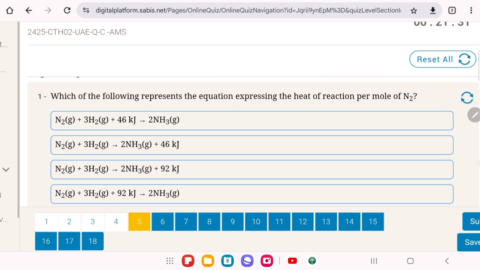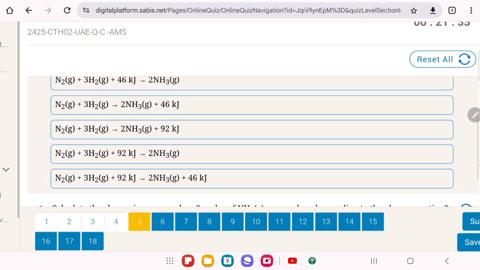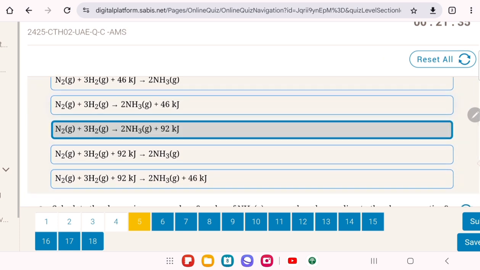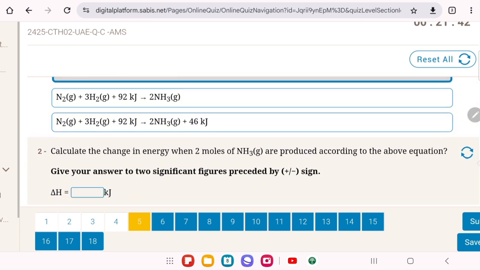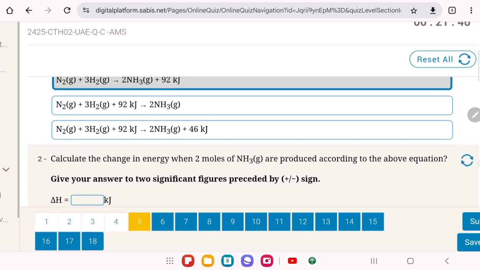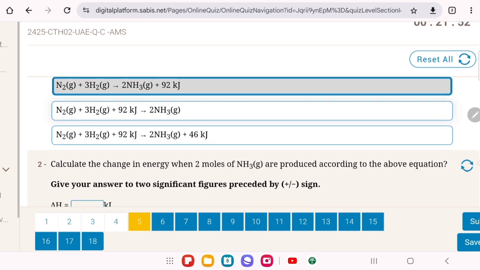So our equation was N2 plus 3H2 gives us 2NH3 plus 92 kilojoules. And they told us what is the change in energy when 2 moles of NH3 are produced. 2 moles are produced above.